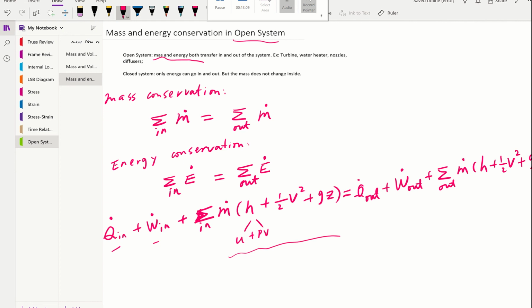So moving forward, in the next couple of videos, we will be using mass conservation and energy conservation, and we are solving quite a few open system devices. Just to give you a heads up, we're going to be looking at turbine, nozzle, diffuser, throttling device, heat exchanger, mixing chamber, all of that fun stuff.